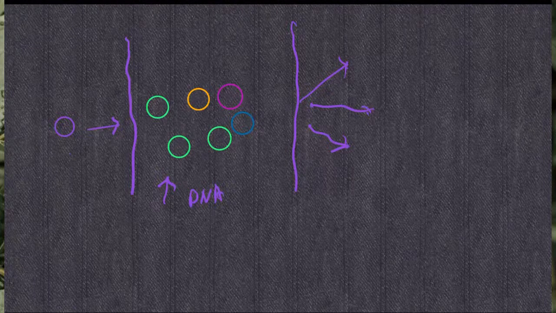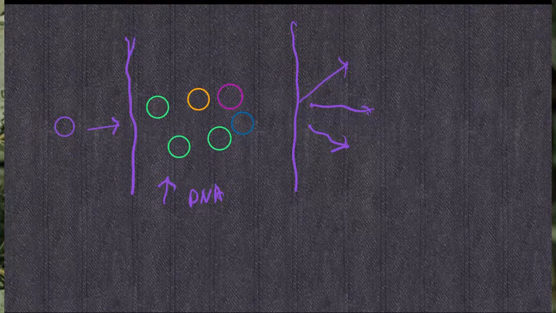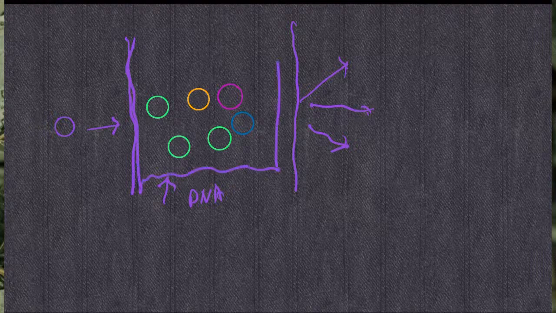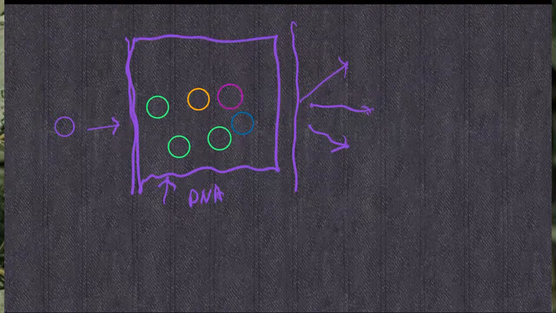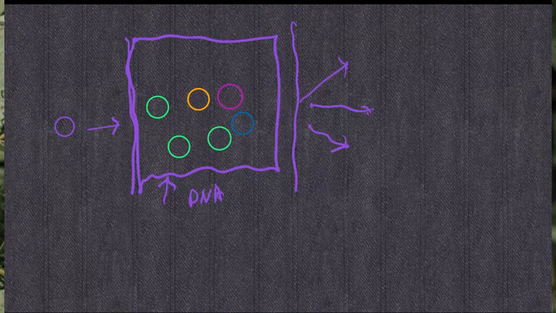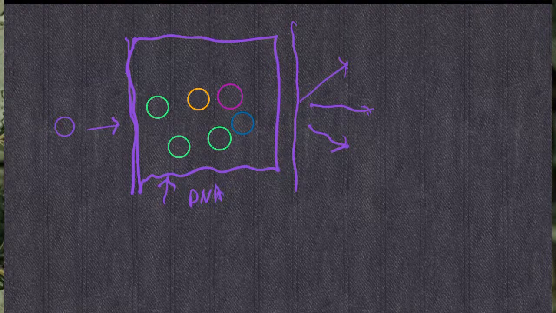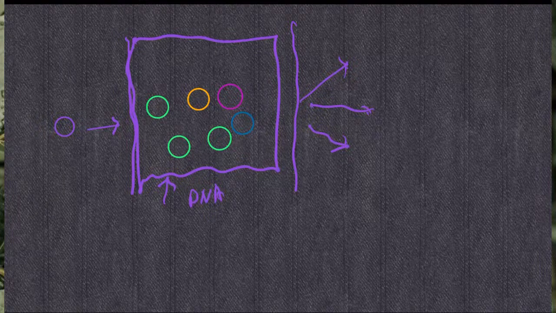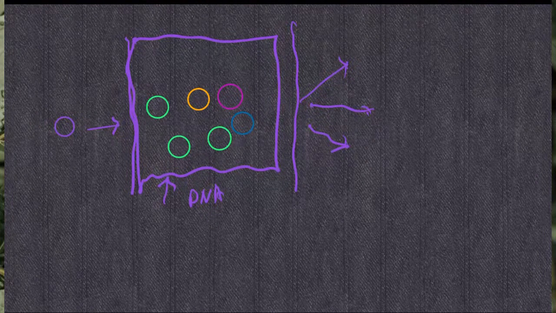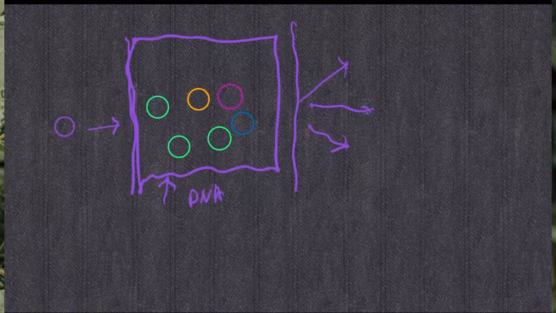Now, if you had a system, let's pretend we draw a black box around the billiard balls on the inside, so we can't really see how they are.